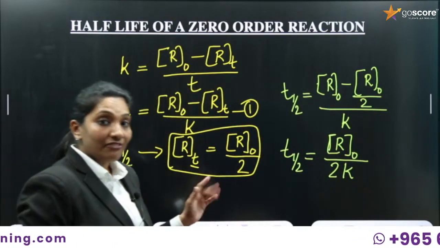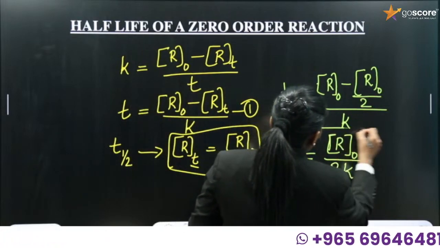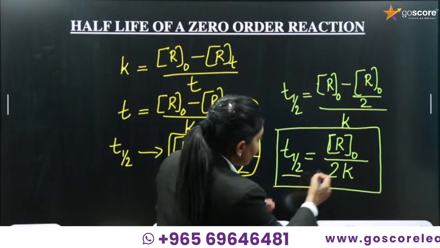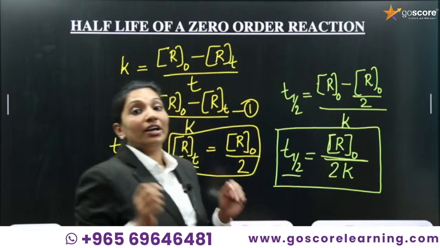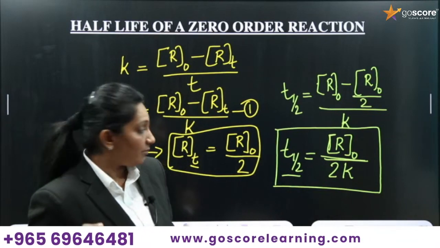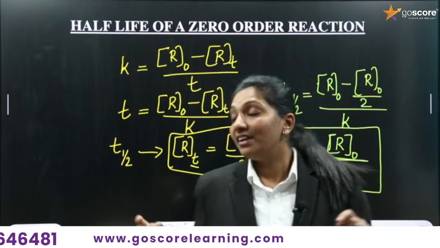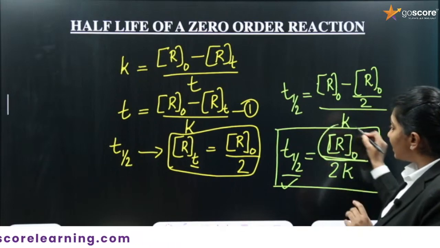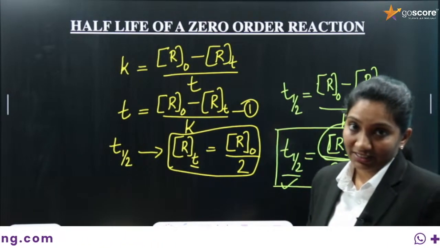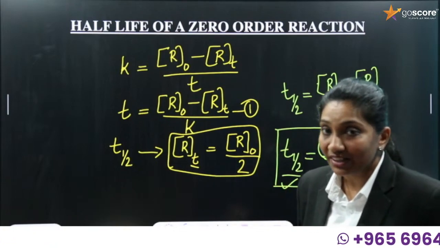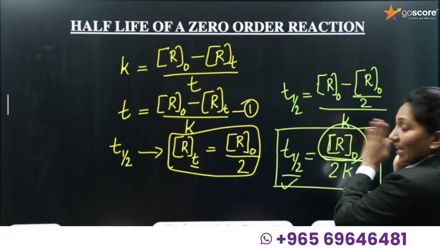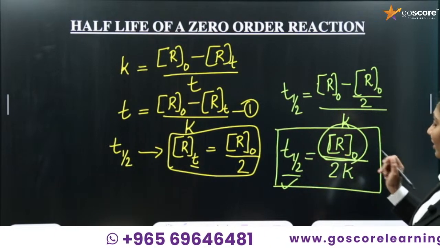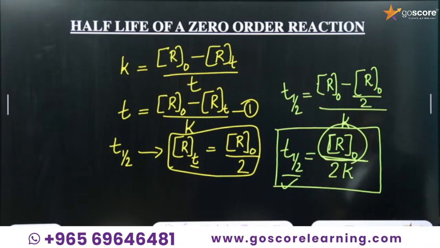See, this is the half-life of a zero order reaction. For a zero order reaction, the half-life is directly proportional to initial concentration of reactant. I am repeating, for a zero order reaction, the half-life of the reaction is directly proportional to initial concentration of reactant. So keep in mind that T half for zero order reaction is R0 by 2K.